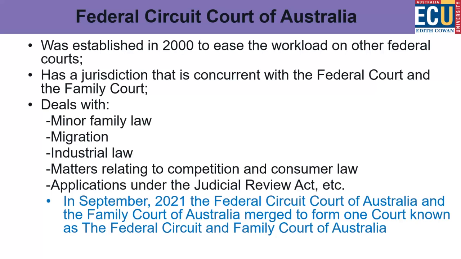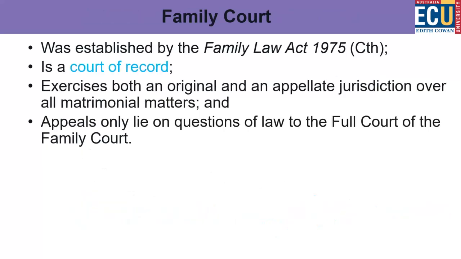It's just 2 courts merged together. But they still enjoy the same jurisdiction. Any minor family-related matter, migration-related matter, industrial law matters, consumer law, competition law-related matters, all those will be looked after by Division 2, whereas Division 1 will be looking after the more complex family law-related matters.